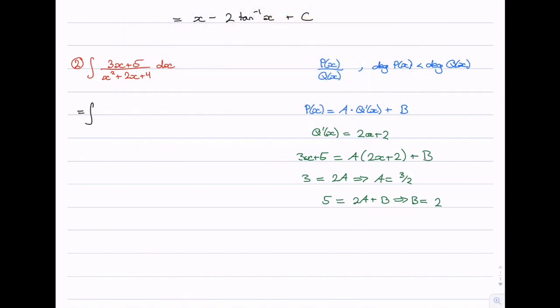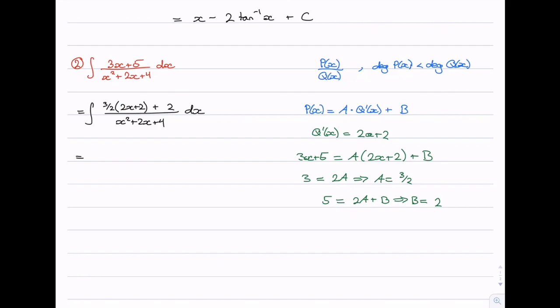So we want to rewrite the numerator in the following way. A times q dash of x, which is 2x plus 2. And a was 3 on 2. So we have 3 on 2 times q dash of x, which is 2x plus 2, plus b, which is 2, divided by x squared plus 2x plus 4. Now the next step is where we actually split the numerator.